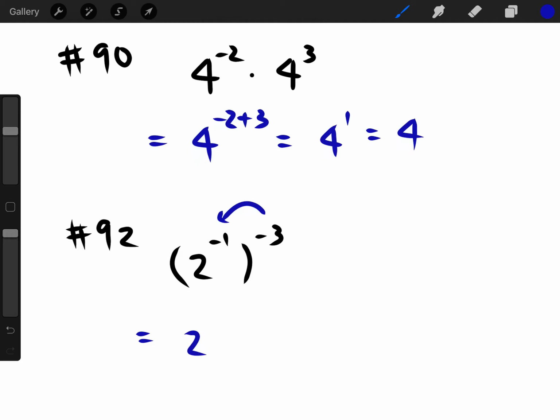So this time you're going to have 2 to the -1 times -3, so you're going to have 2 to the third power, which equals 2 times 2 times 2, which equals 8.